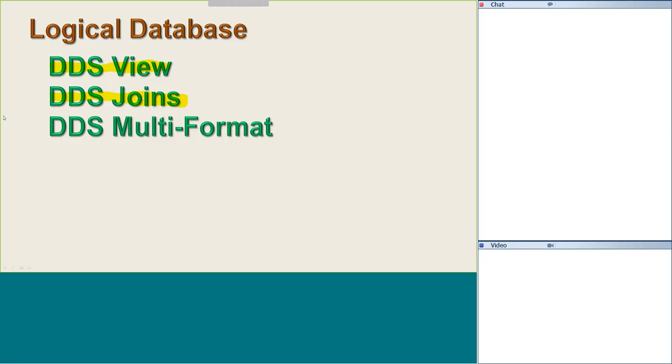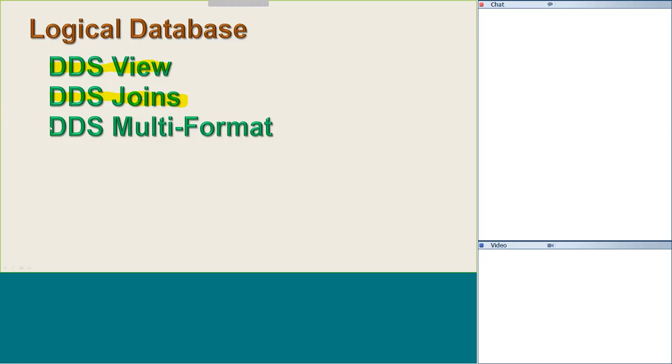The I/O server can hide the fact that it's a join file and just update the individual physical files whenever you require an update or an insert. So you can make it invisible, but strictly speaking, the DDS joins are not updatable.